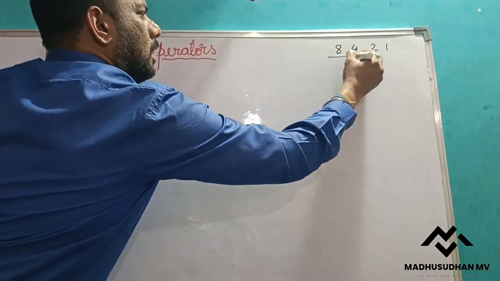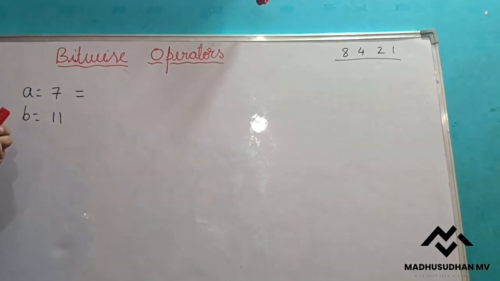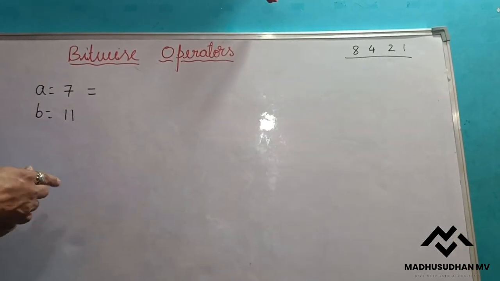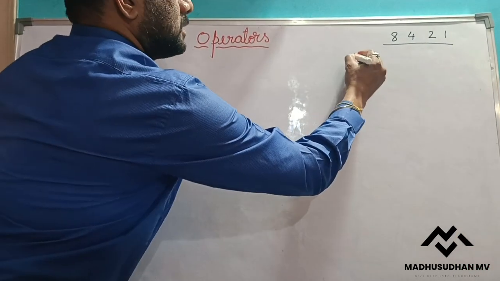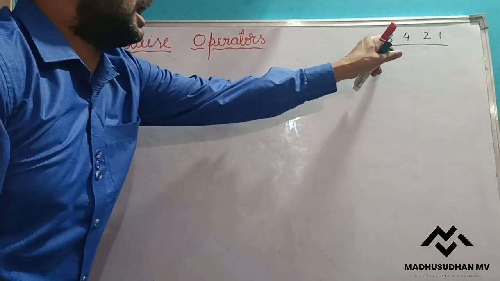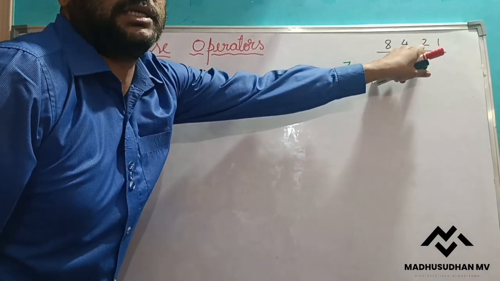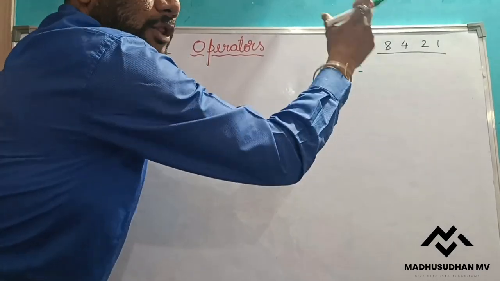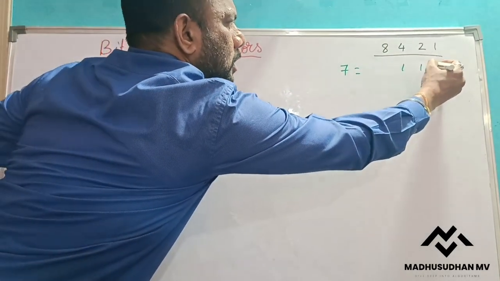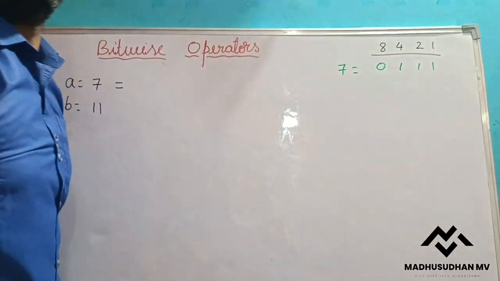Now I want 7. For 7, which numbers do I add to get 7? 4 plus 2, 6, 6 plus 1, 7. So you make those numbers 1, remaining is 0.